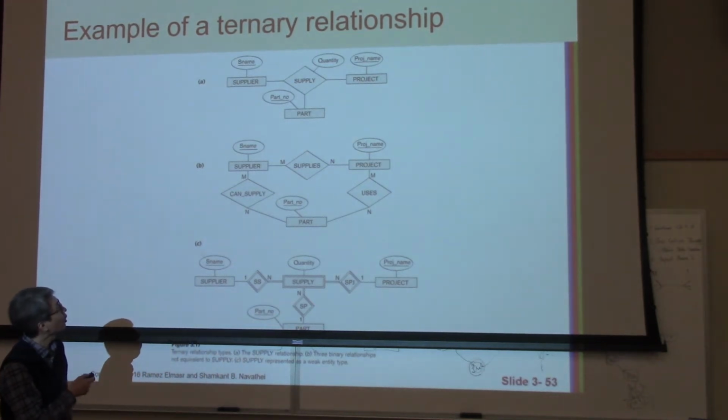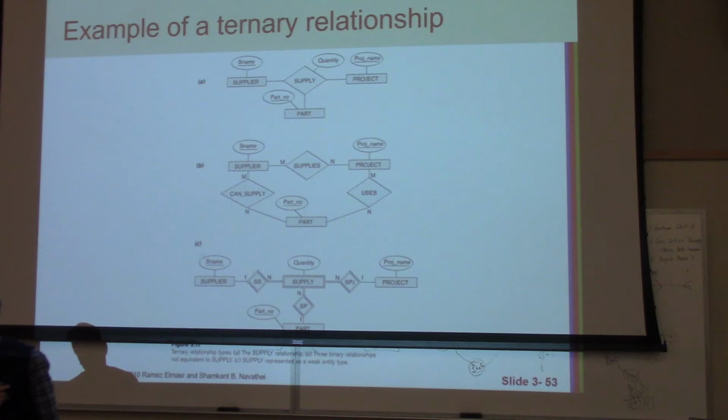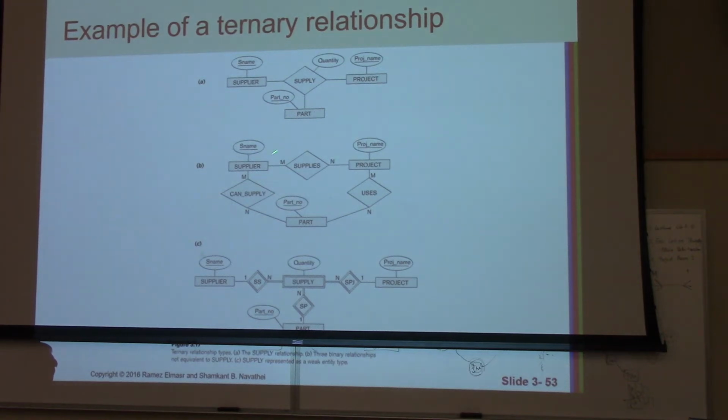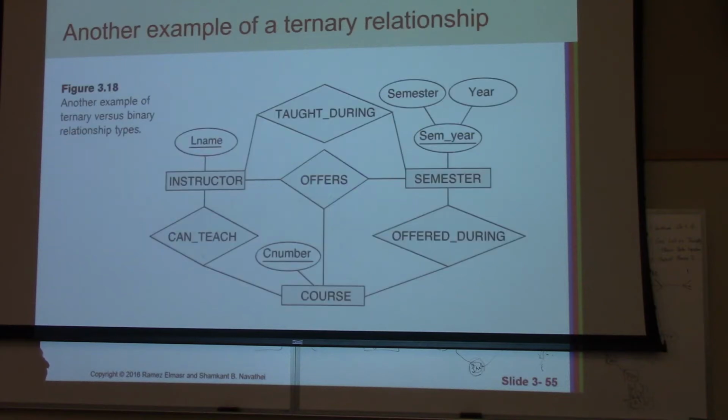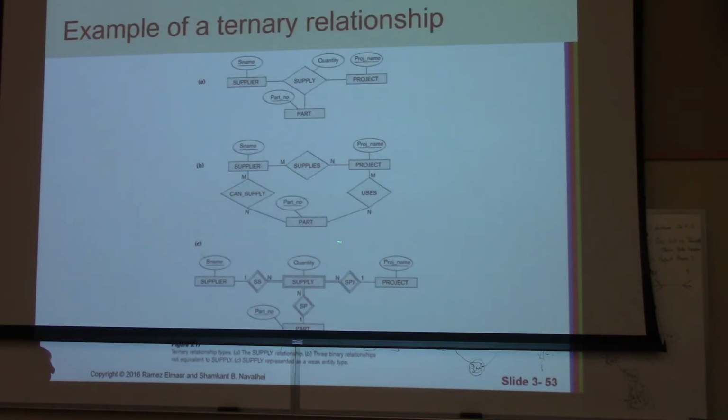So in many real-life projects, instead of the ternary relationship, we use either this one or this one. In case you use the binary relationships, you should be careful to make the constraint, the condition, the same as this one. So this may also be possible. Later we will see how to handle this case when creating the database.